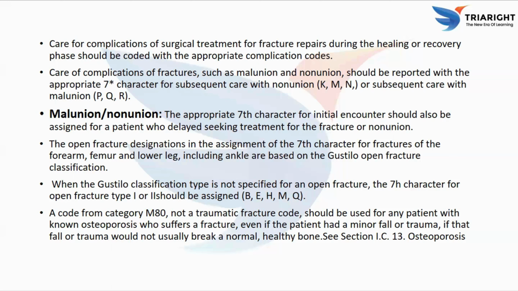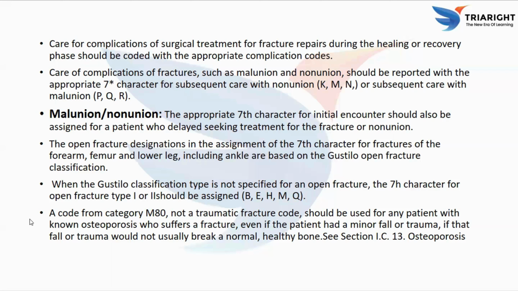The correct coding rule is that the 7th character for open fractures is based upon the Gustilo type. If the Gustilo type is not documented, the default is type 1 or type 2. You have to use the appropriate 7th character, either B, E, H, M, Q, depending upon the encounter and healing status.